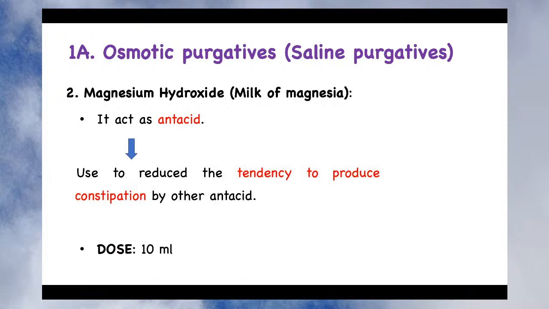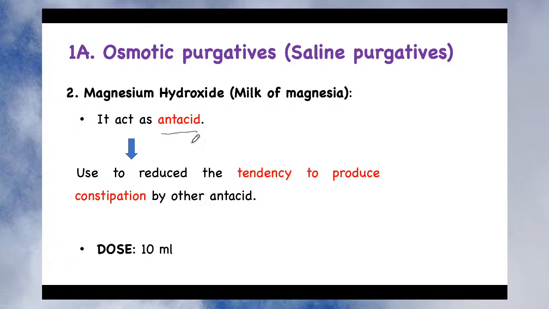The next osmotic purgative is magnesium hydroxide. Magnesium hydroxide is also called milk of magnesia, and it generally acts as an antacid. So it is used as an antacid. It is present in many liquid antacid formulations in the form of syrup, but it has an additional advantage.